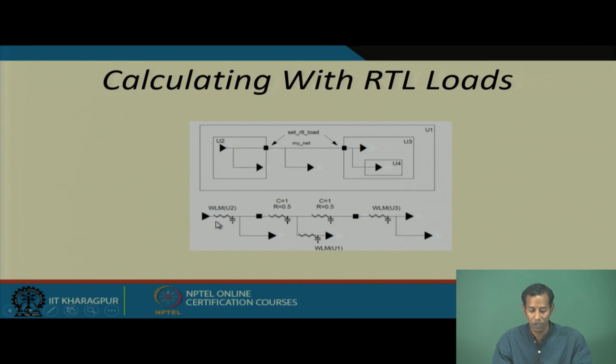This is the wire load model of U2, and this is the wire load model of this particular net, which corresponds to some capacitance and resistance values. Again it is connected with another wire load model going to block U1, and then to the wire load model of block U3.